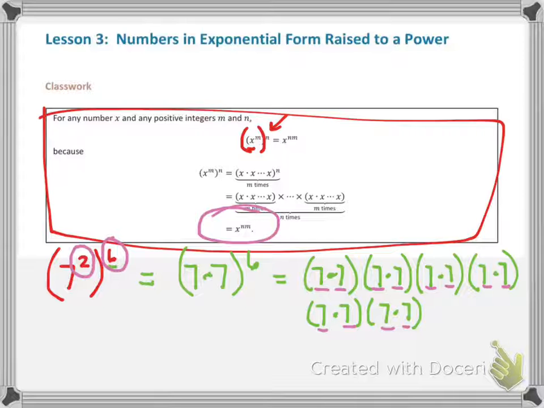So this we could write as 7 to the 2 times 6 power, which would be 7 to the 12th. So 7 squared raised to the 6th power is the same as 7 to the 12th power. So when we see an exponent raised to another exponent, we're going to multiply those two exponents together to get our simplified form.